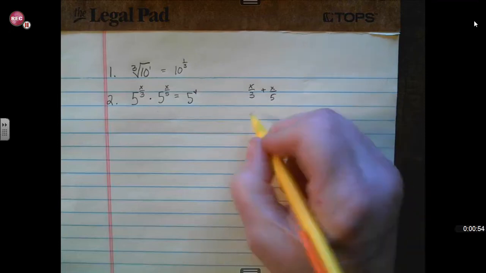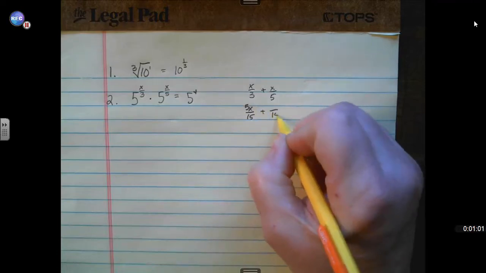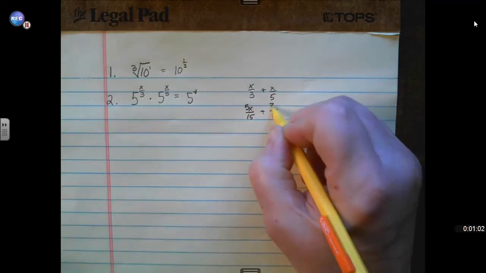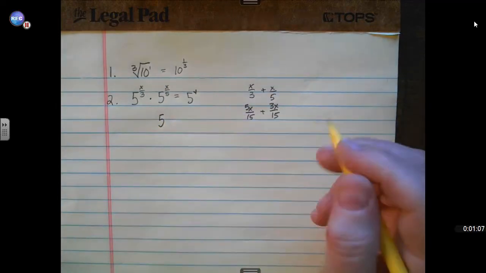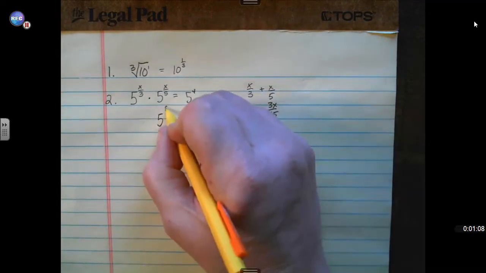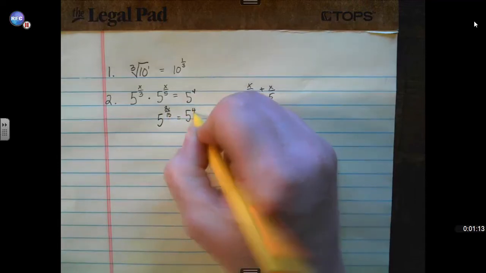Common denominator would be 15, which means this new numerator would be 5x, and 15 here, which means that new numerator would be 3x. When I add those together, I get 5 to the 8x over 15 equals 5 to the 4th.